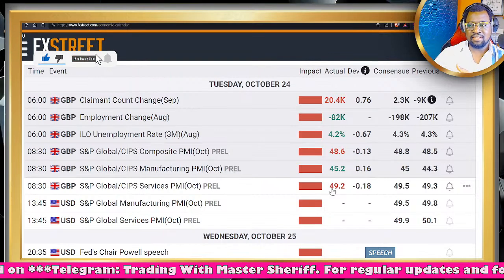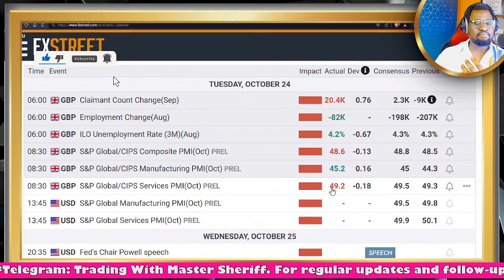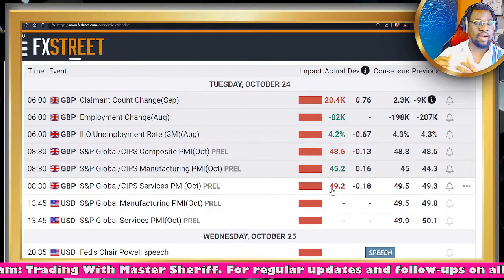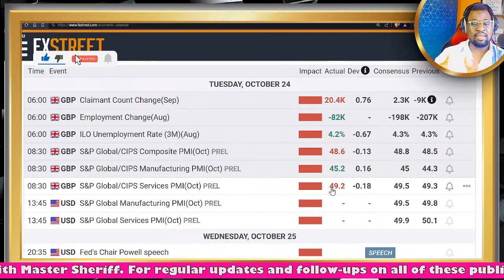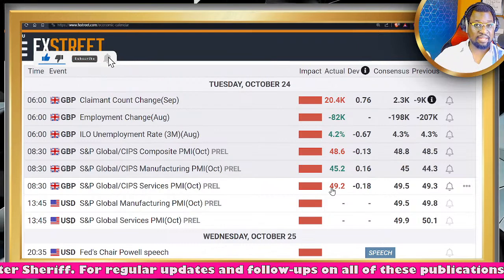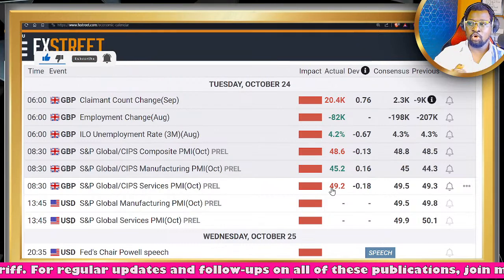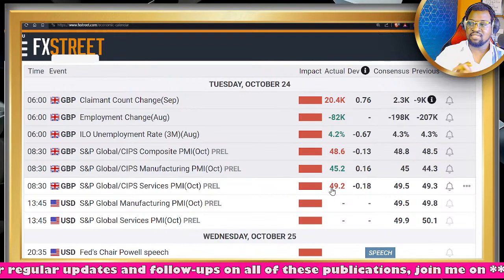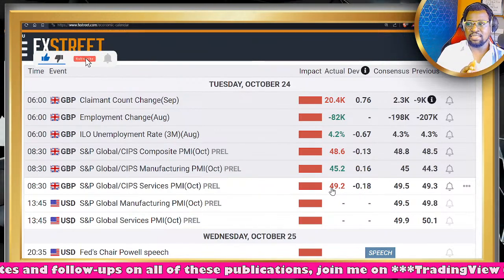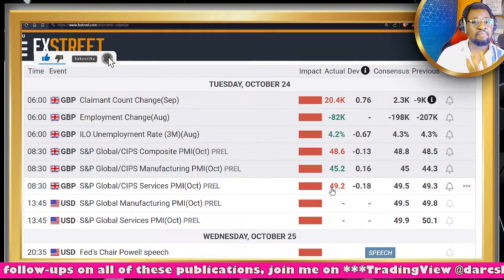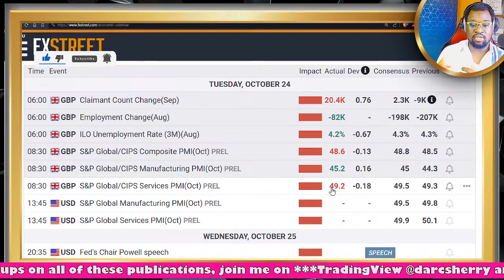For the services sector, we have a negative deviation of minus 0.18 as the data came in at 49.2, a little bit below the expectation and a little bit below the previous data for September, which is not a bad thing. It's a mixed reaction at this point in time. So we do want to see how the market has reacted to this data.